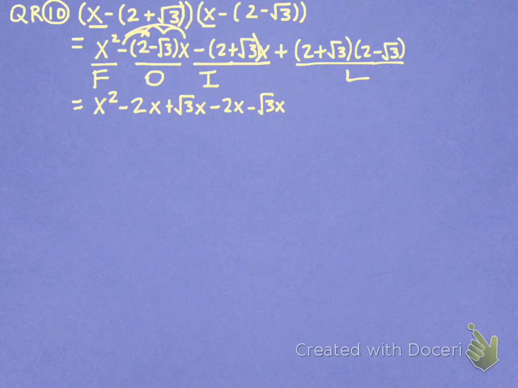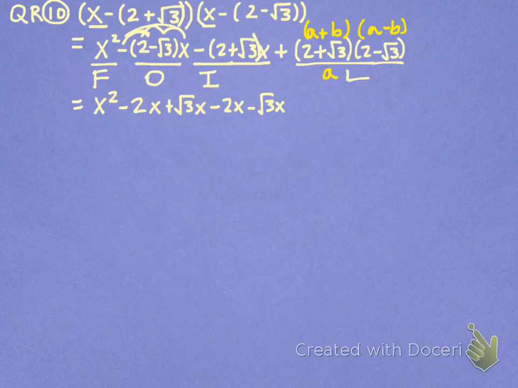Well, then we get down here to our last term, which looked a little crazy, and this we're going to do, see if I can find a new color here. Let's switch it up to a brighter yellow for this part. This is (a plus b) times (a minus b), because you notice we have the same terms, they're just added in the first one and subtracted in the second one.